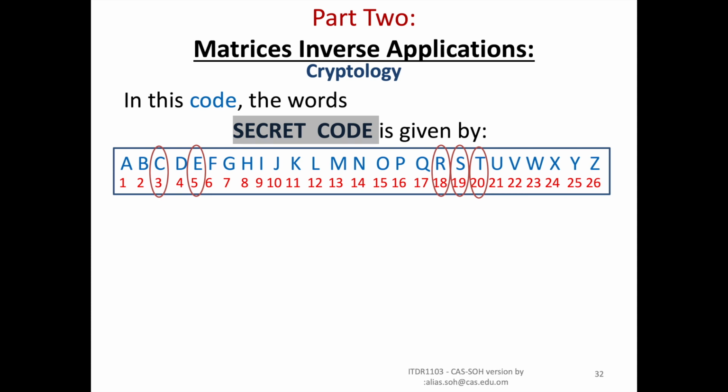Then we have a space 27, and then we have C 3, O 15, D 4, and E 5. So we just rewrite the code in numbers. And see where we use 27 to represent a space.